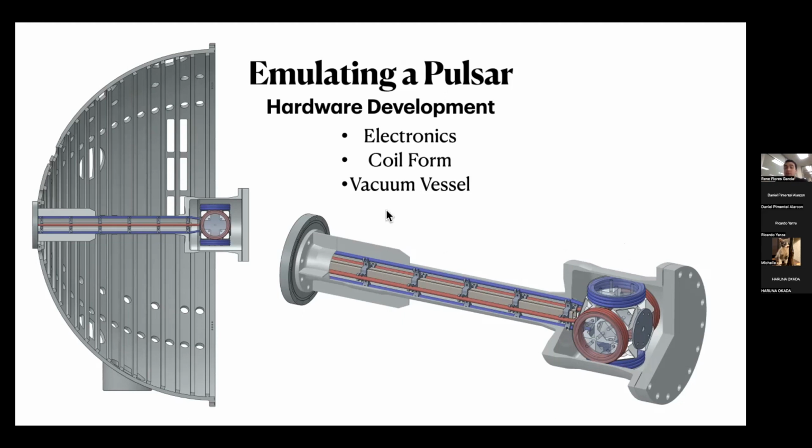And we're going to have what's called a vacuum vessel. This vacuum vessel is going to go inside the machine. So this is the big red ball, and this is the vacuum vessel, what's gray here. The main job of the vacuum vessel is shielding the coil form and all the electronics that go inside from being in contact with the plasma. In more detail, I'm going to describe all these three steps, or everything that's in this lower picture.